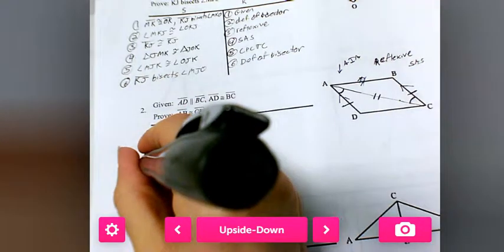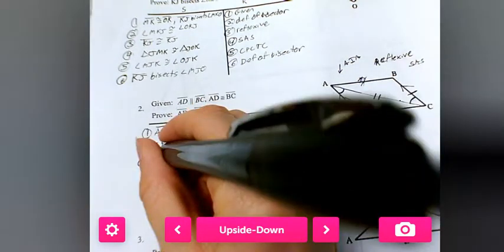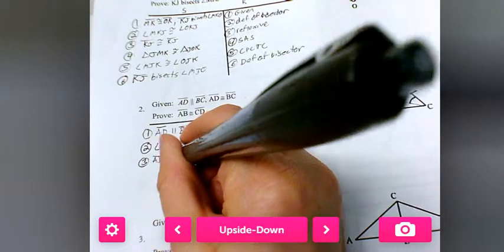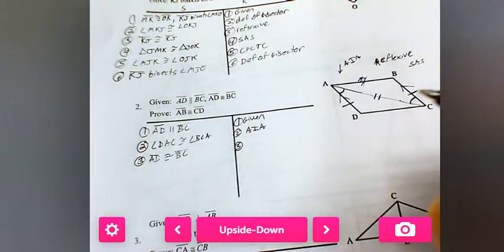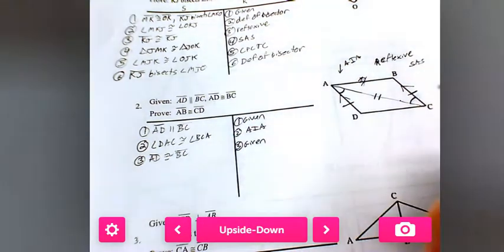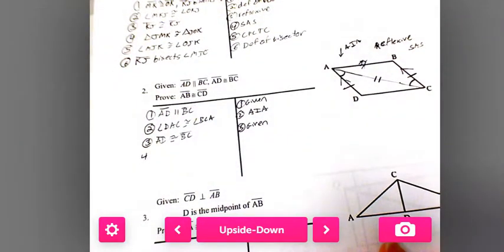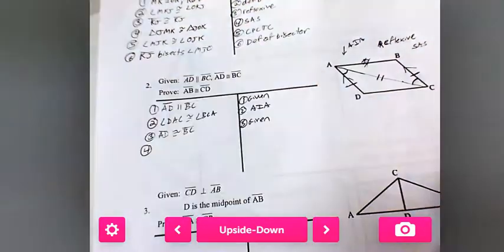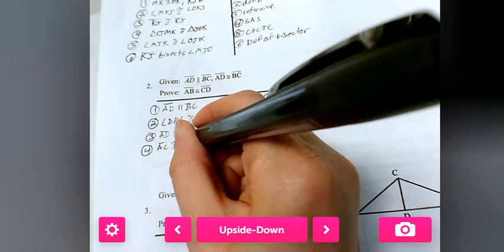Then we know step 3, AD is congruent to BC by given. Am I going too fast? Okay, let me know. Step 4, AC is congruent to AC by reflexive.